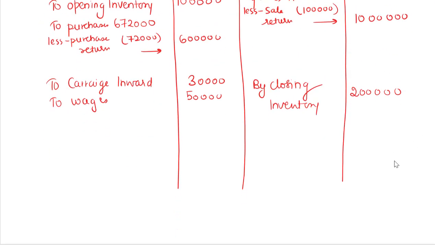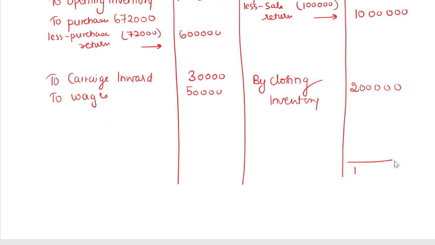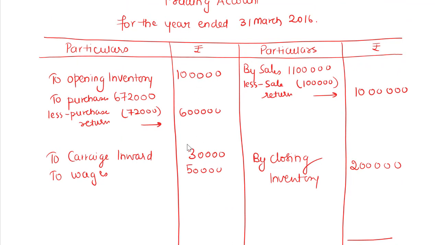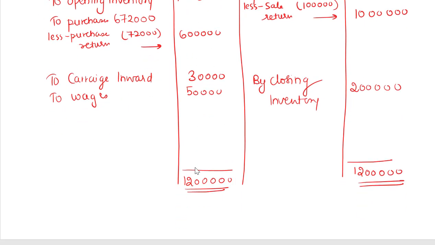Let us do the totals. 10 lakhs plus 2 lakhs is 12 lakhs. 12 lakhs on the debit side. Less all these, 1 lakh, 6 lakh and 80,000. The balancing figure is 4 lakh 20,000. It is to gross profit.